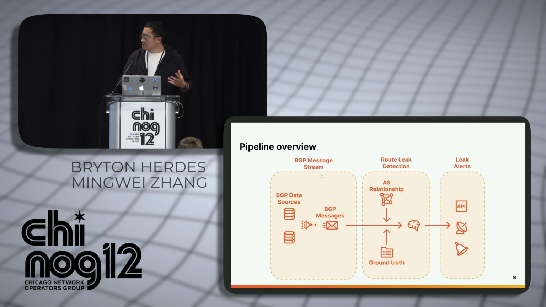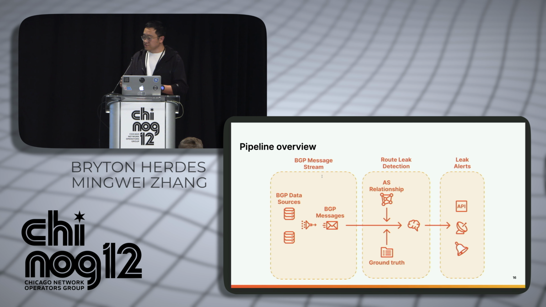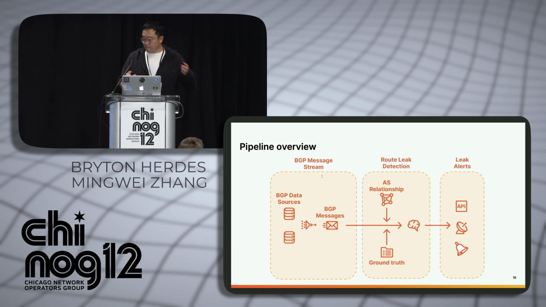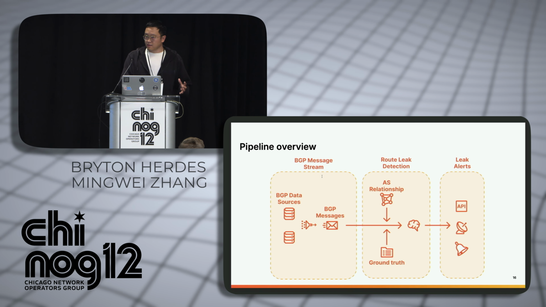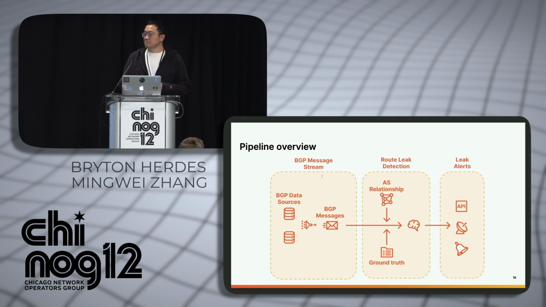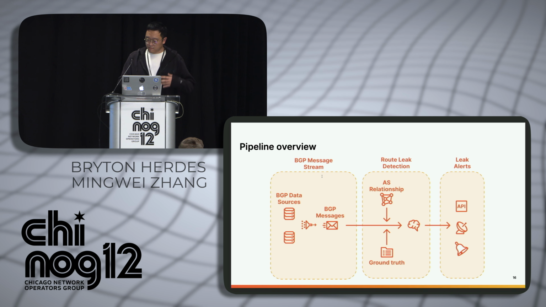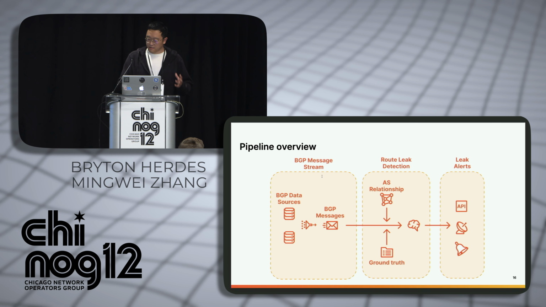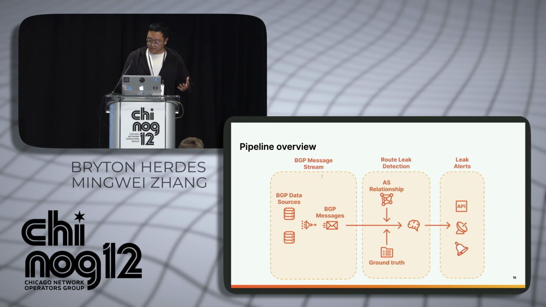We combine the inferred AS relationships and the ground truth in this pipeline so that we can make a somewhat informed decision on what's a leak and what is not, and give a relative confidence score on which alerts we need to act on right away.